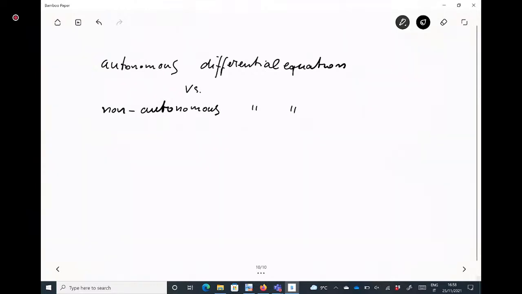Basically, a differential equation of the first order can be given a general structure of this type. On the left-hand side, we have the time derivative of variable x. On the right-hand side, we have a mathematical expression that depends on both x and t, okay? We saw only examples of this general type.